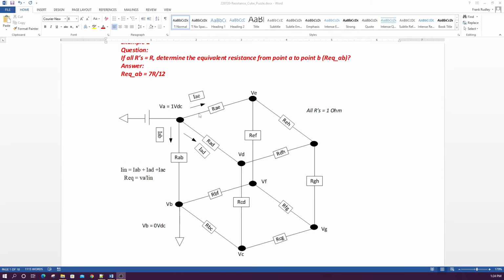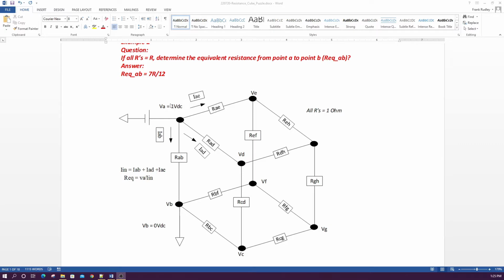You have these 3 currents, and there's a total current coming from the ohm meter, and the way the ohm meter works, it computes its equivalent resistance from VA over current in. Now the difference: before we had the ground over here, but now we moved the ground to B. So we're going to measure the resistance from A to B.